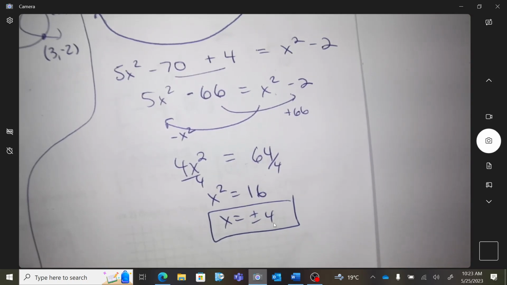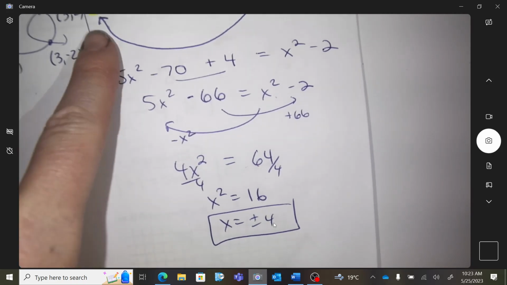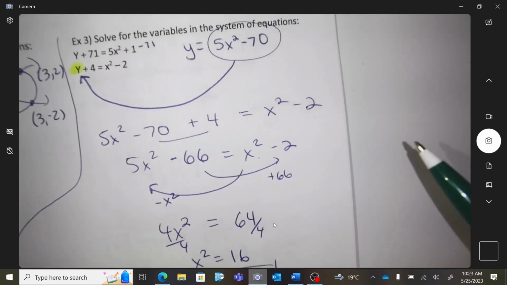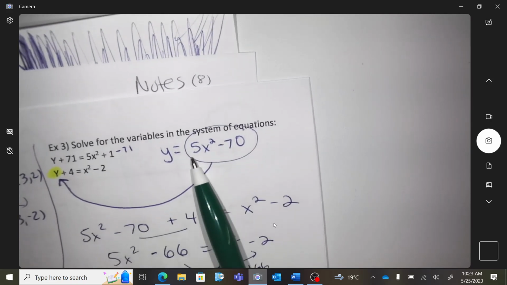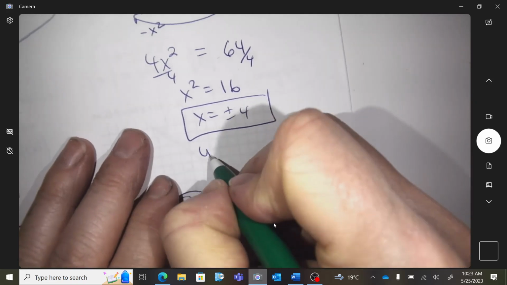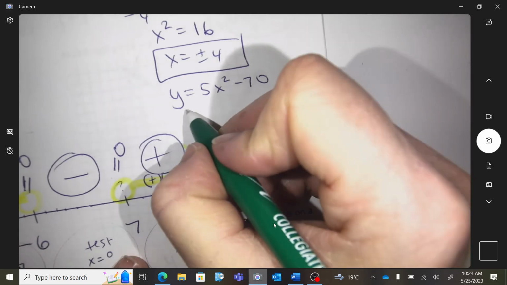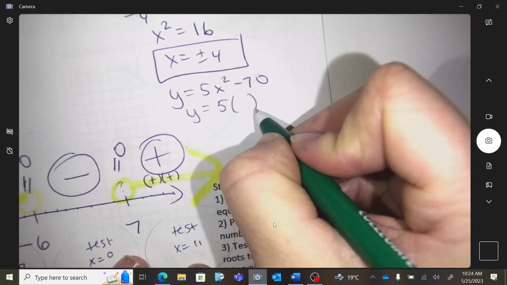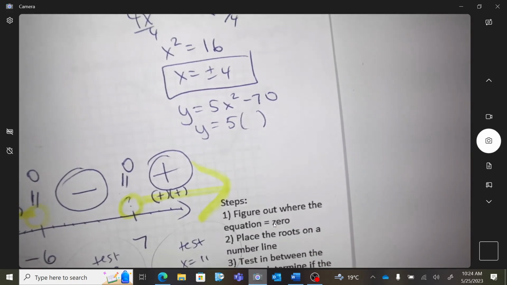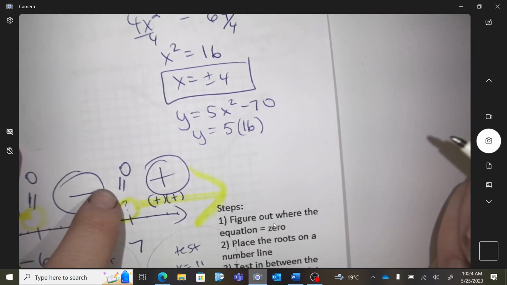Okay. Now I need y. So what is y? Which one do you want to plug into here? Why don't we plug into this isolated thing? Y equals there. So I'm just going to rewrite it. So y equals 5 times, well, x squared. I may as well just replace straight with a 16. Is that okay?